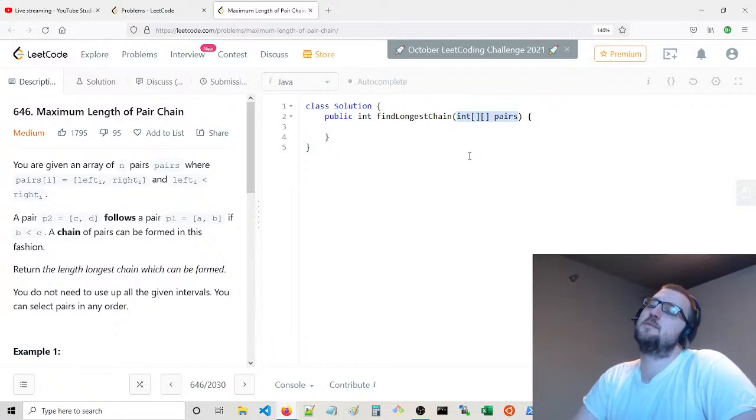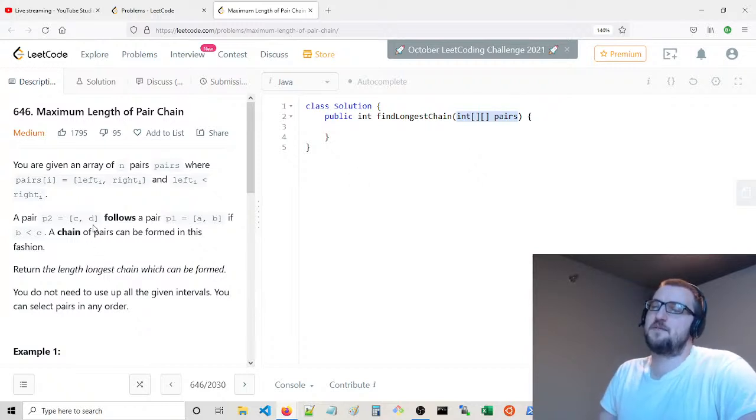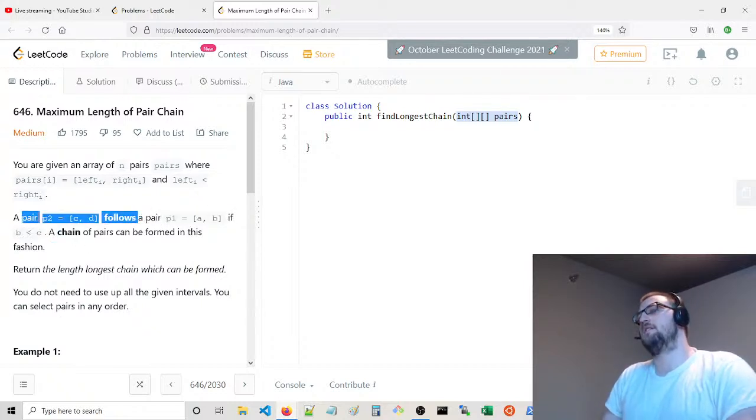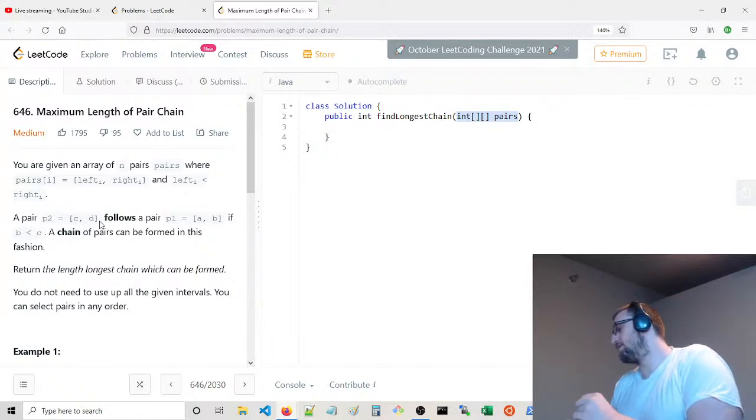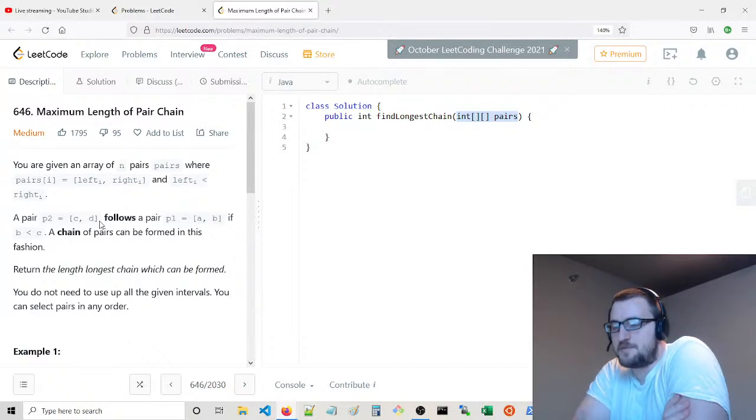And we can iterate over all of the other pairs that aren't that pair, and if any of those pairs follow the one we're looking at, then we'll recurse on that pair, and if not, then we don't consider it.